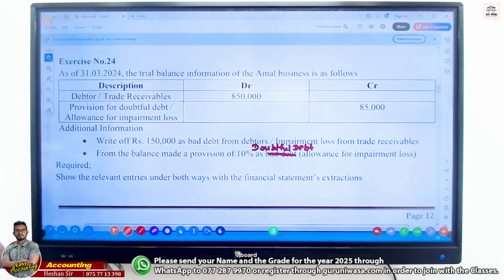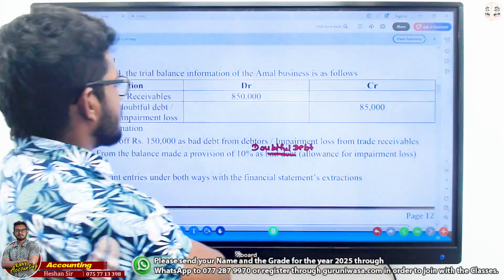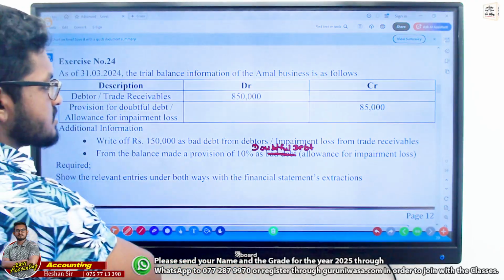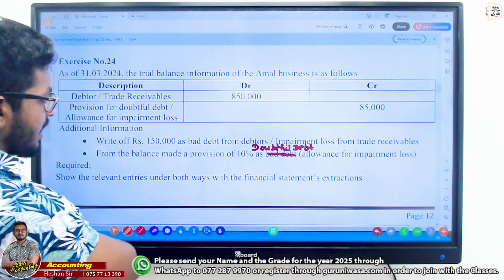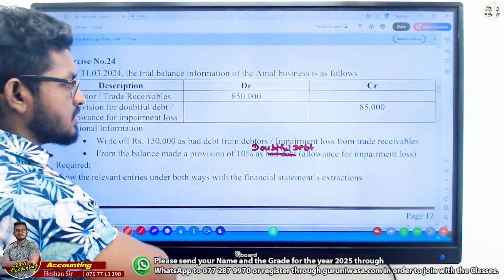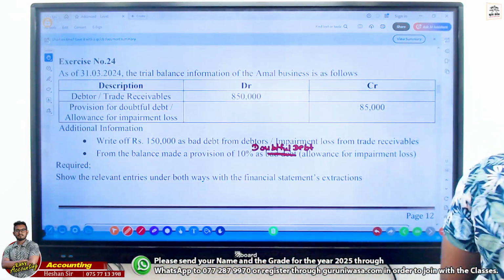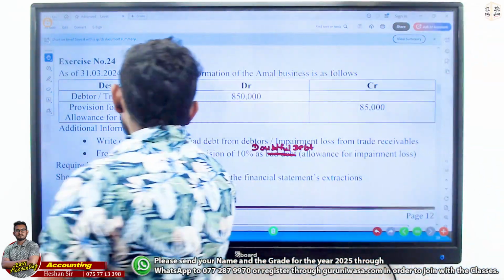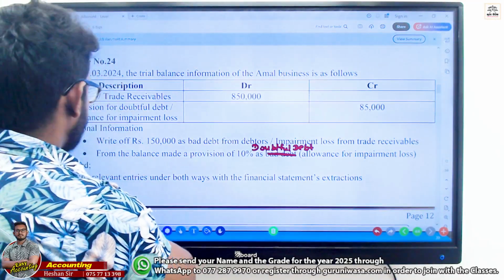As at 31st March 2024, the trial balance information of the Amal business is as follows. Additional information: write off 150,000 as bad debt from debtors or impairment loss from trade receivables. From the balance, made a provision of 10% as doubtful debt or allowance for impairment loss.